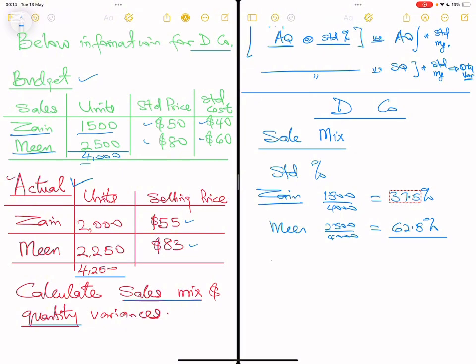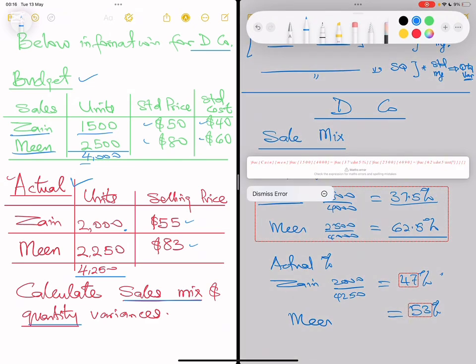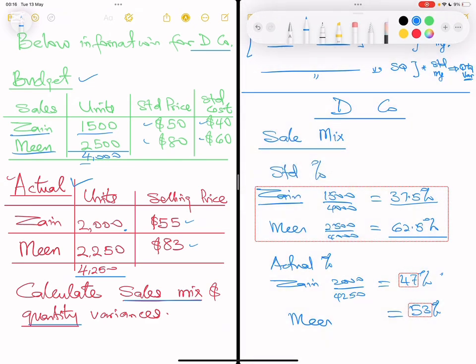No, because the actual percentages, if we do the same thing: we plan to sell 37.5% of total units sold for Zen. Eventually, we did 47%. We plan to make sure that out of the total quantity that we're selling, 62.5% will be Mean. That was our plan, but the actual was 53%.